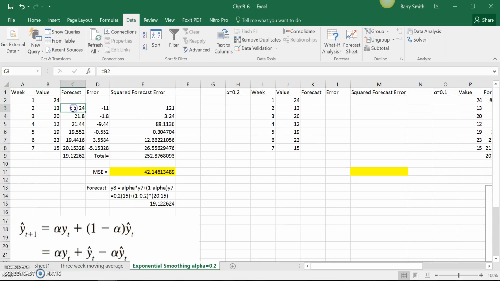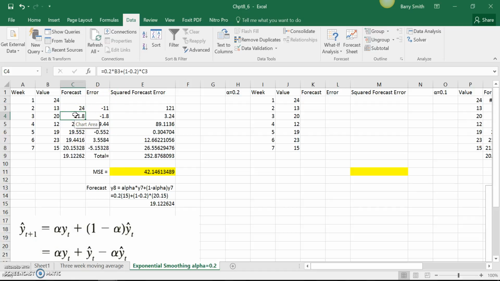The first one in this case is going to be directly from the value here. Then the next one is when we start applying these equations. We take the alpha of 0.2 times B3, which is right here, 13, plus 1 minus 0.2, which is the damping factor, 0.8, times C3, which is the value right above that, the 24, and then we hit enter, and that gives us this value.